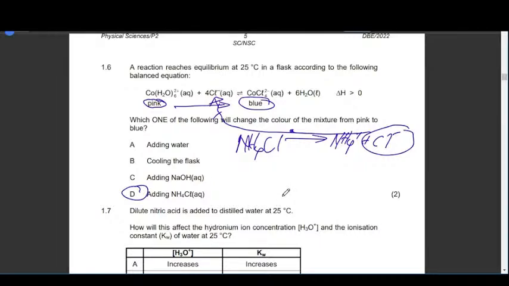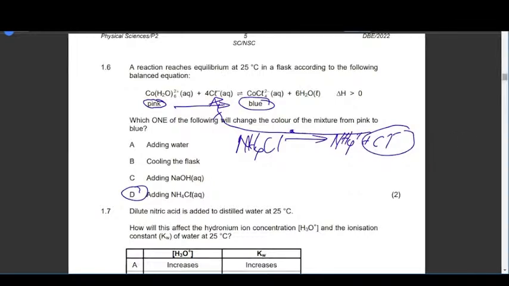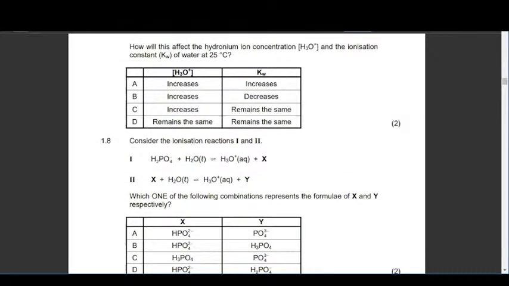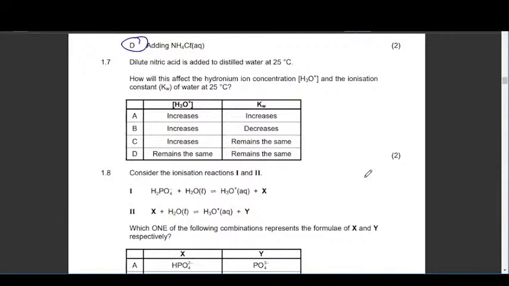1.7, they're saying that dilute nitric acid is added to distilled water at 25 degrees C. Okay, let me do it like this. At 25 degrees C. Then they're saying, how will this affect the hydronium ion concentration and ionization constant, that is Kw?